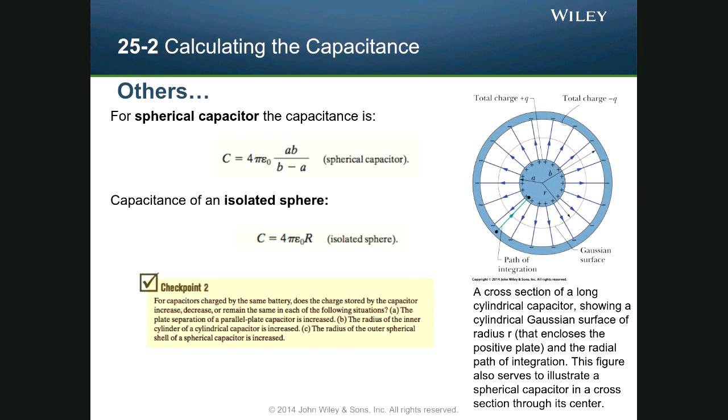So we're looking at C proportional to ln of B over A. We want the radius of the inner cylinder increased, so as A gets bigger, this ratio gets closer and closer to 1.